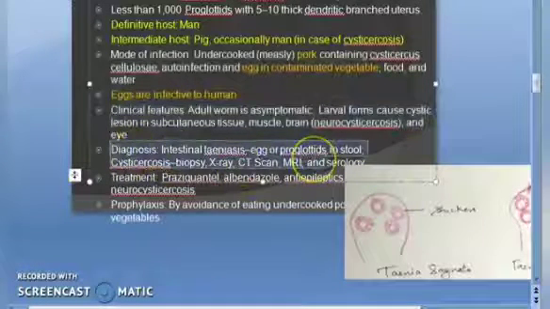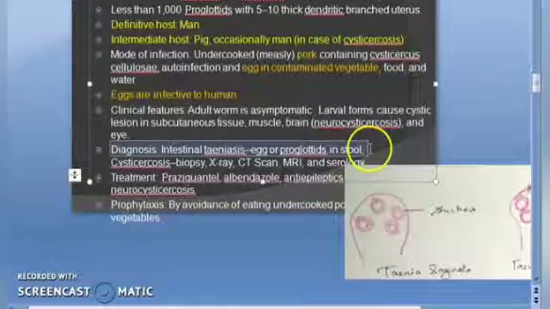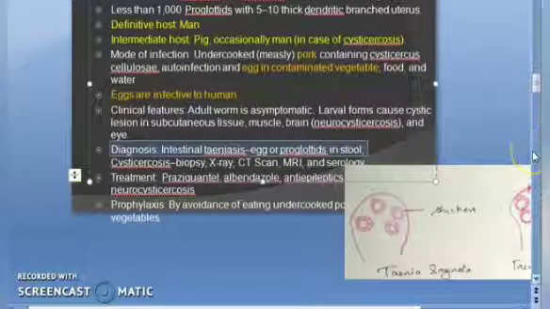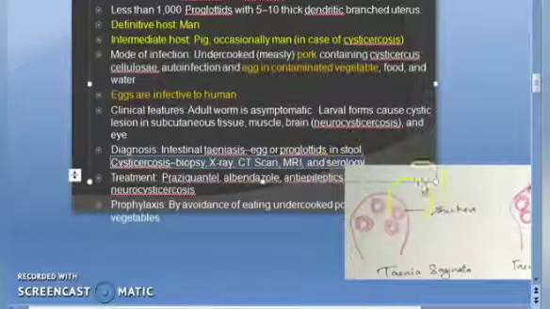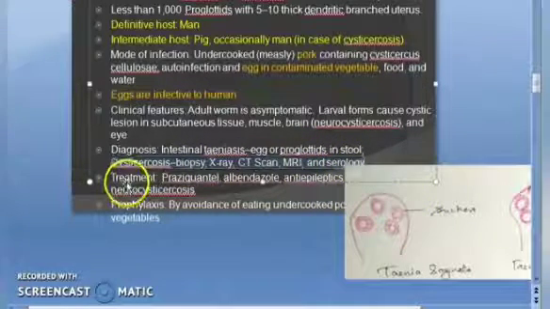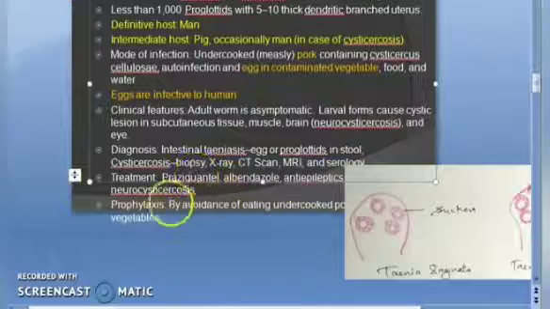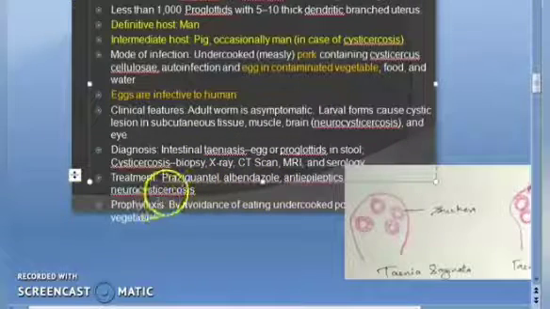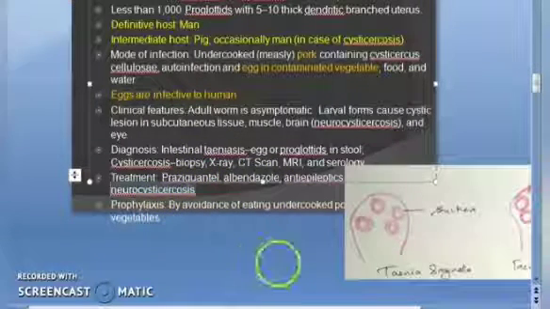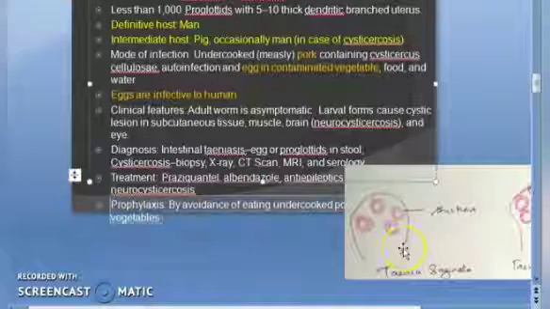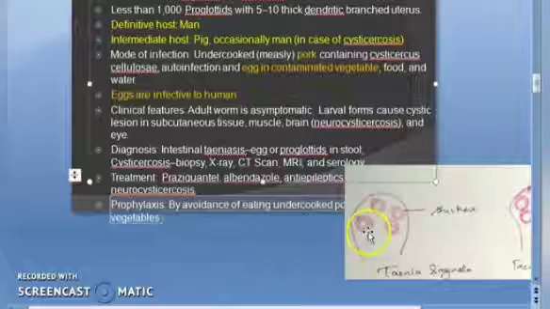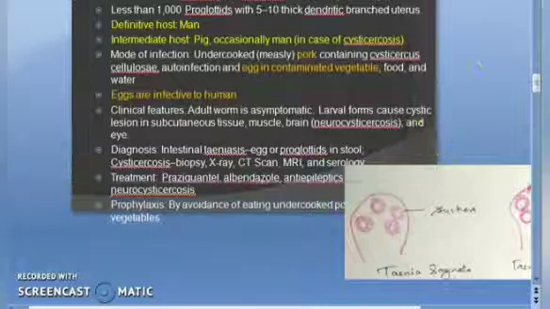The diagnosis is the same: you will check the stool for eggs and proglottids. For cysticercosis, you can do biopsy, X-ray, CT scan, MRI, serology. We'll come to the details again in this video. Treatment is praziquantel, etc. For neurocysticercosis, you may have to give anti-epileptics also. Prophylaxis: again, eat good cooked food. Don't eat raw vegetables, etc.